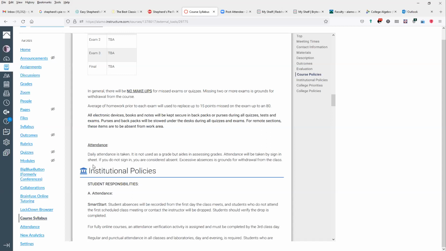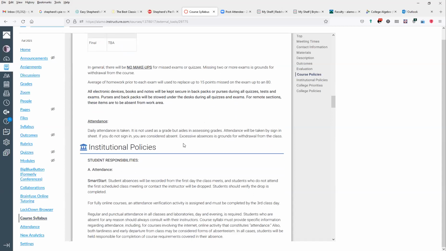You type your name in, first name, last name. If you do not sign in, you're considered absent. Excessive absences are grounds for withdrawal from the class, as previously stated.